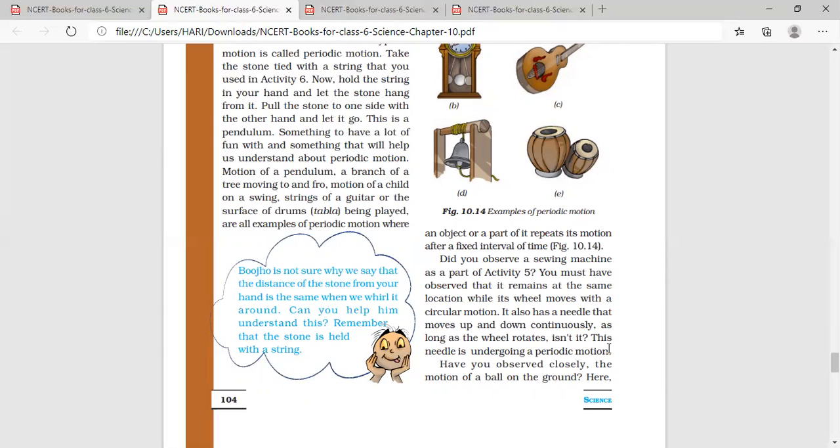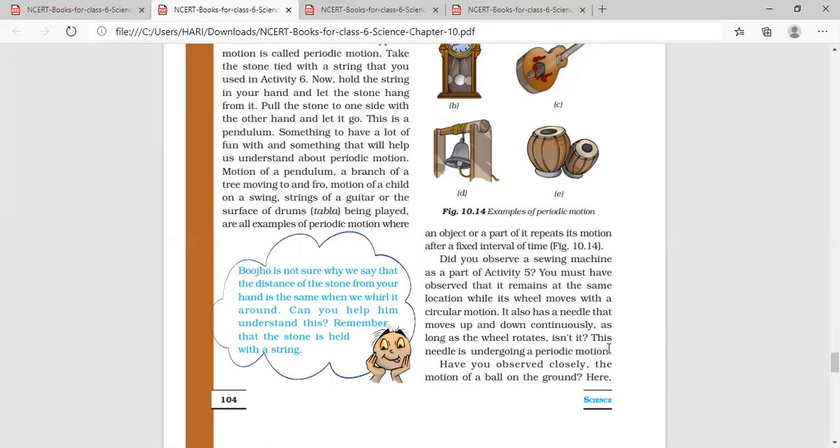Now we will consider the needle. When the wheel rotates, the needle will be moving up and down. It will be undergoing to and fro motion. What is to and fro motion called? Periodic motion. So when the sewing machine moves, the wheel undergoes circular motion. At the same time, the needle of the machine exhibits a periodic motion.